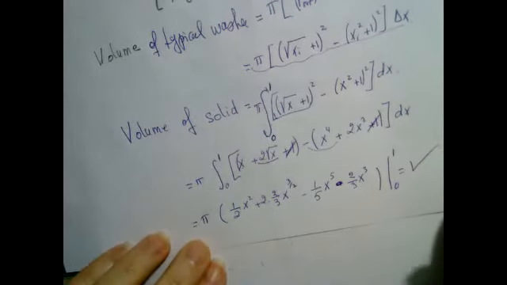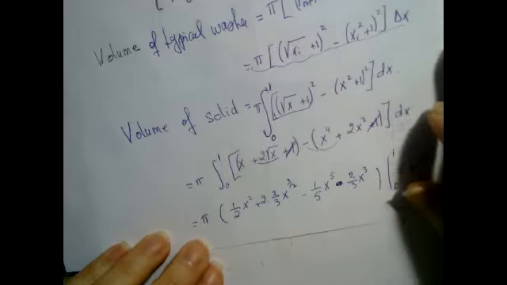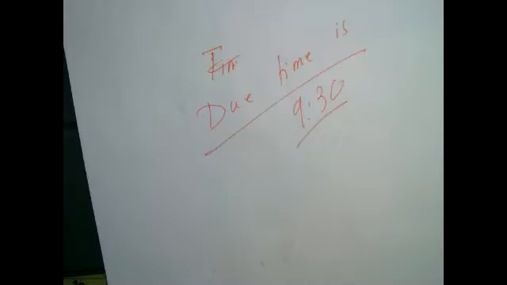Are you guys done with this? Can I move on? Everybody? Okay. So now I'm going to take the same region. I'm not really going to change the region, I'm just going to change the axis of rotation. So problem number 2 is going to be the following.